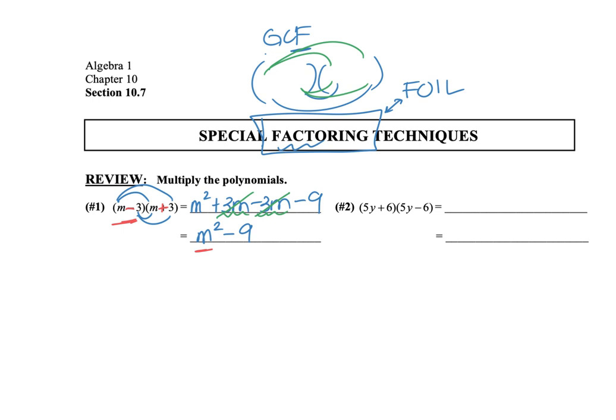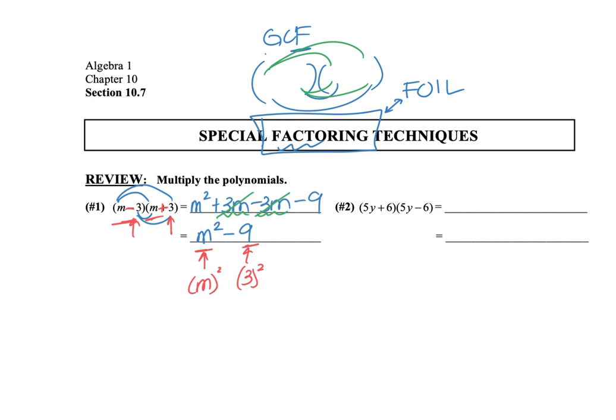Do you notice that m squared is really that m, the first term, squared? And do you notice that 9 is my last term squared? That is interesting, isn't it? I wonder if that happens all the time. Let's find out. Let's look at number 2.